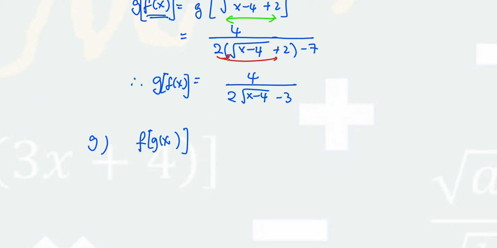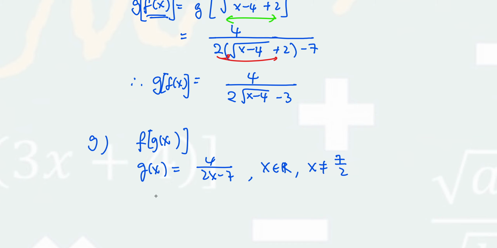So I need to find out the domain of g and the range of g. So I rewrite my g first. My g is 4 over 2x minus 7, whereby x is a real number and x cannot be 7 over 2.